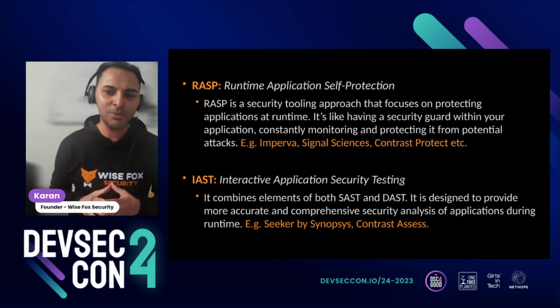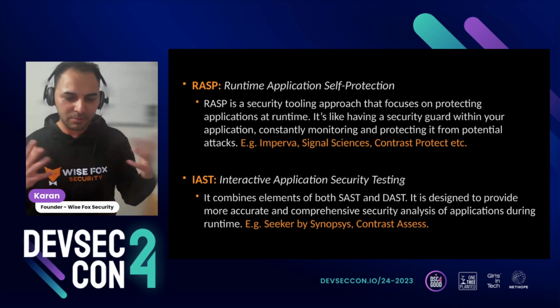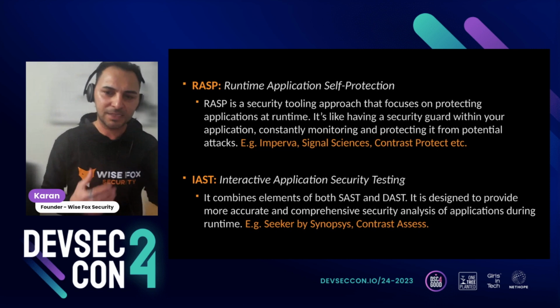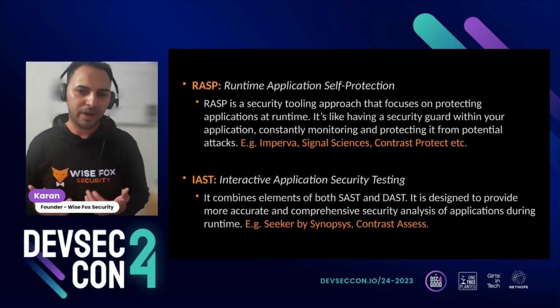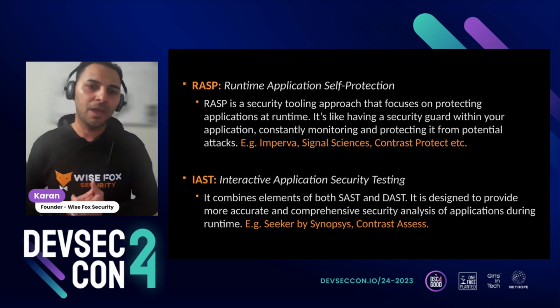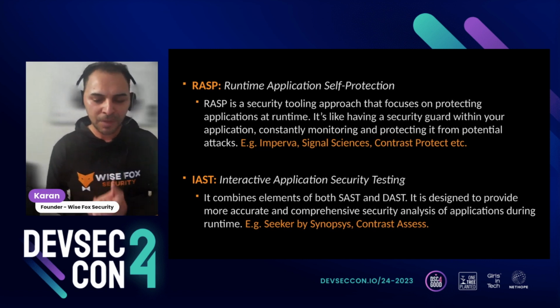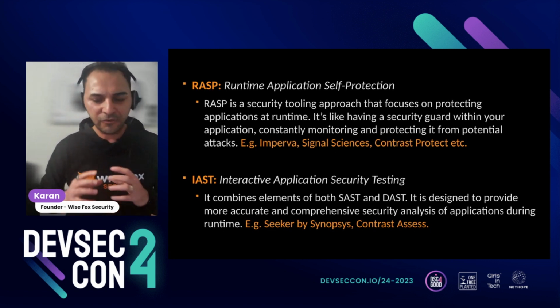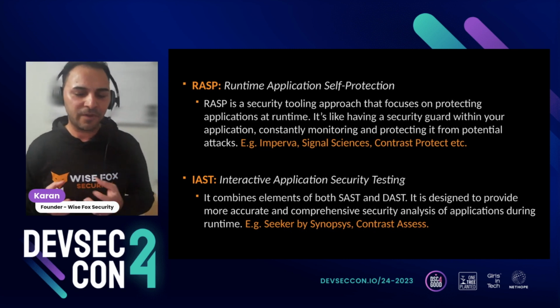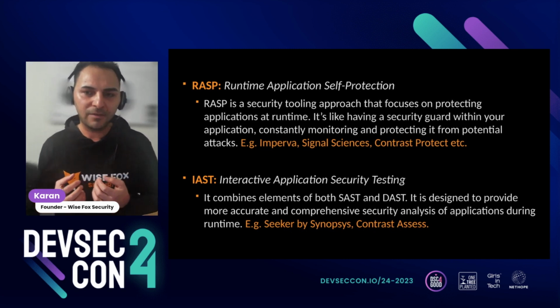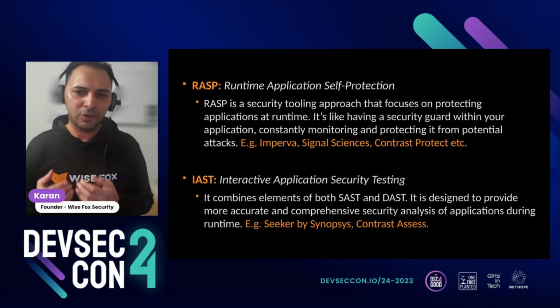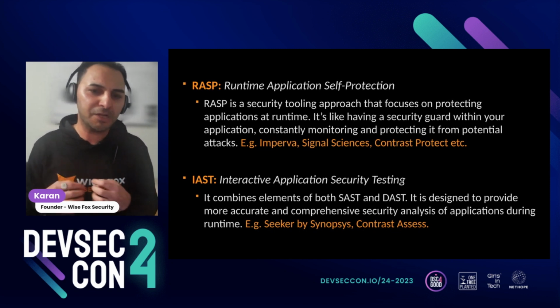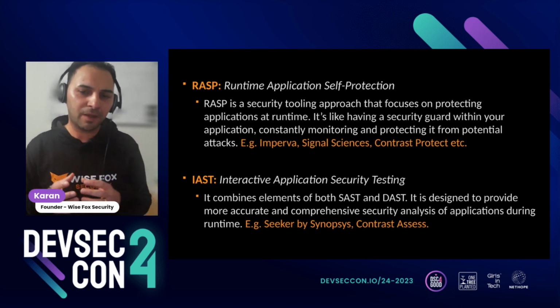The next two buzzwords are ones that have probably been making more and more noise in the last couple of years. The first one is RASP, which stands for Runtime Application Self-Protection. If you're not aware of what it is, treat it as a preventative, protective measure that you have within your application.